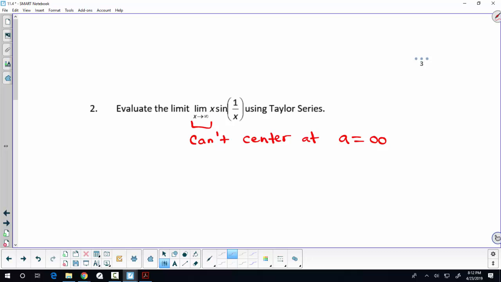Well, it's good to think about it though. Yeah, infinity over infinity takes on any value, right? It's indeterminate, so it could have any value. I'll give you a hint, it involves a substitution.